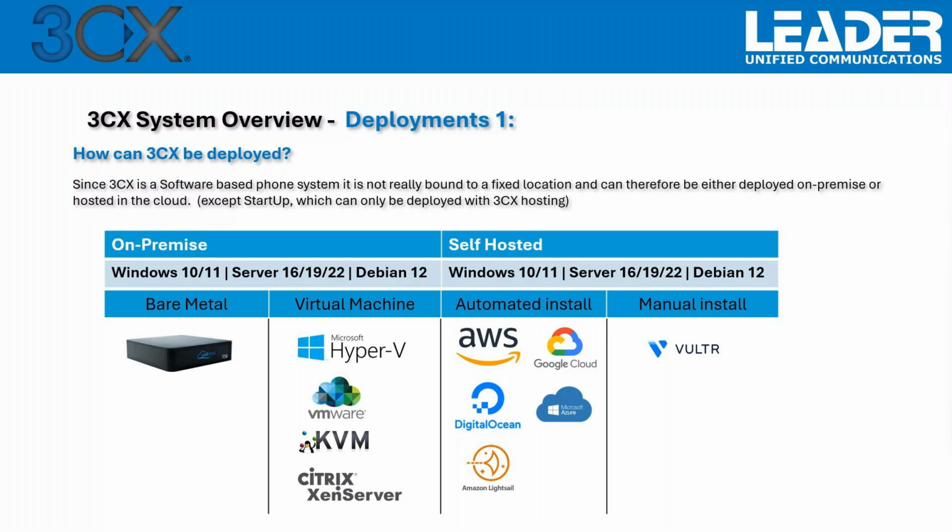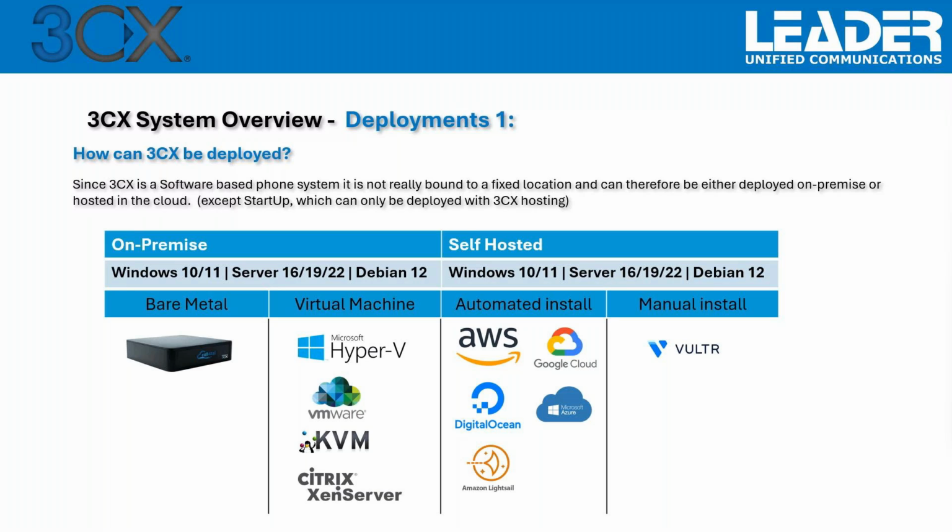This can be installed on Windows 10, 11, Windows Server 16, 19, is it 22 or 23, and then Debian 12. If we host it in a cloud, we can have automated supported installs in AWS, Google Cloud, DigitalOcean, Microsoft Azure, and Amazon Lightsail.